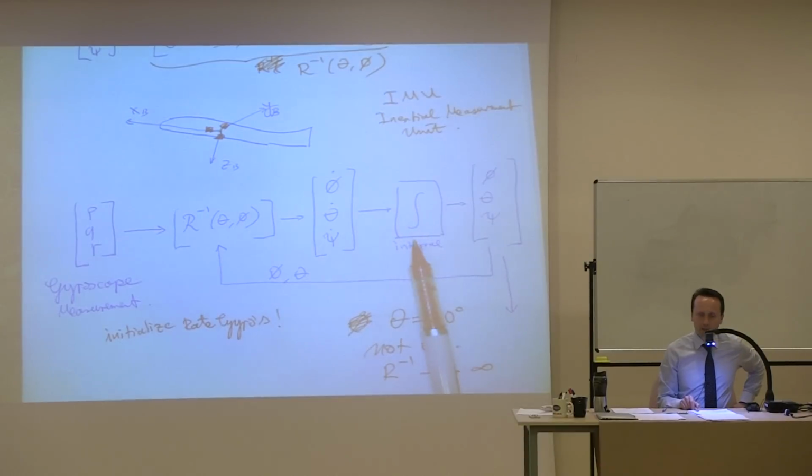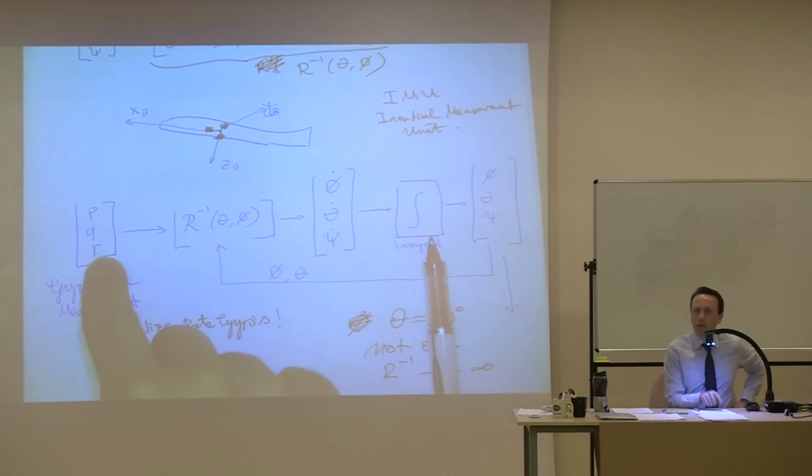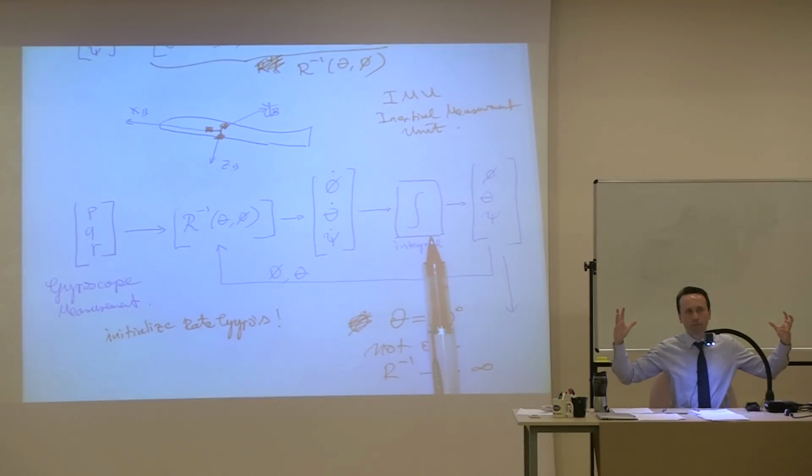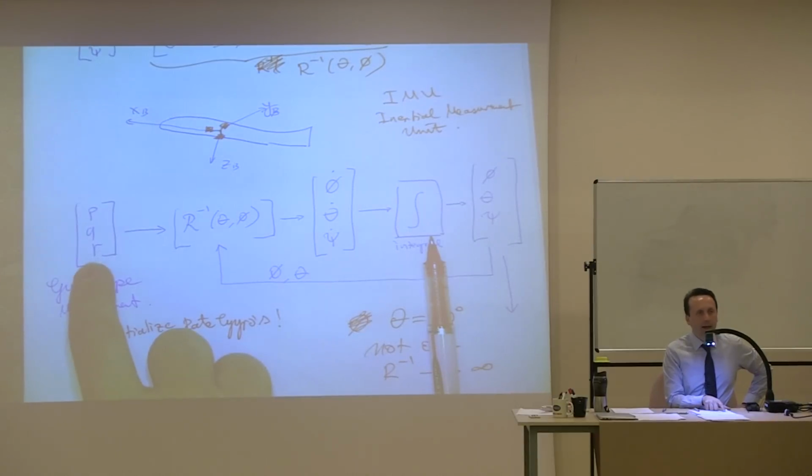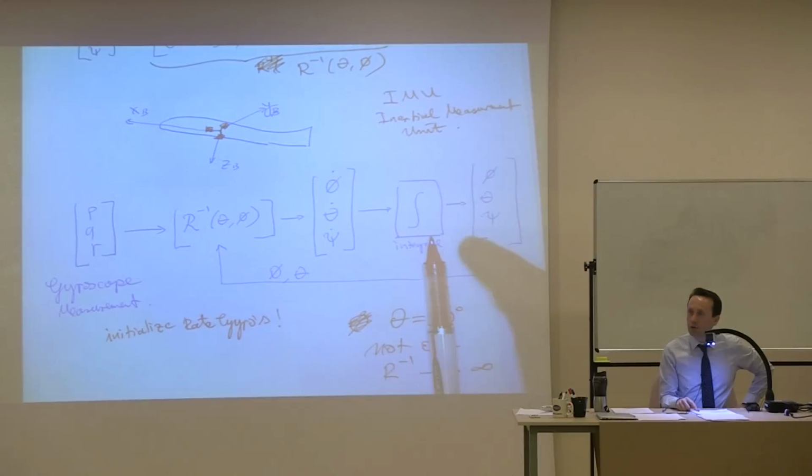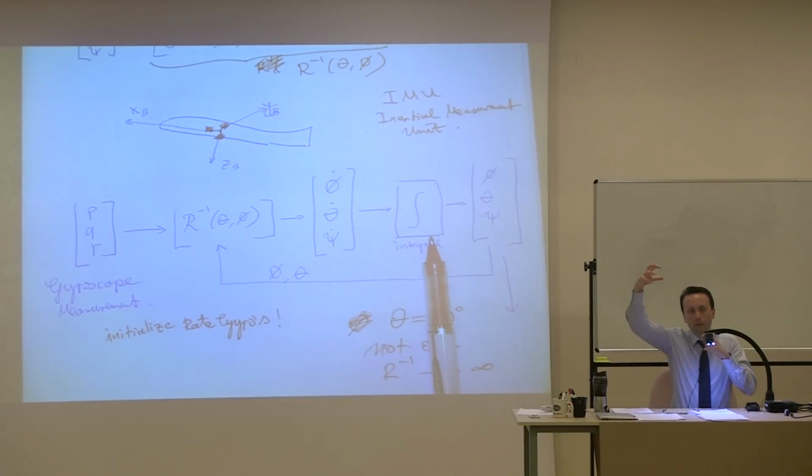So because of this integral, the error of the measurement becomes larger and larger, okay? So, although at the beginning you might have a good measurement, as time goes by, because of this integral, the errors will add on top of each other. So theta, phi, and psi measurements will become worse and worse and worse, okay? This is what we call a gyro drift. The gyro is drifting from giving you the right information.